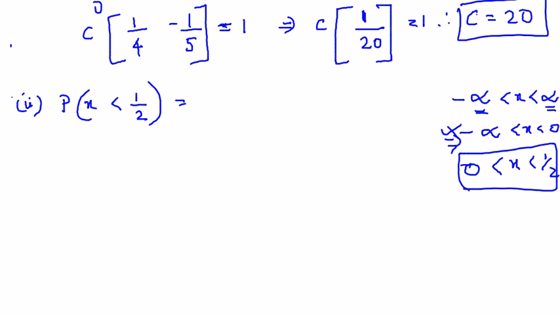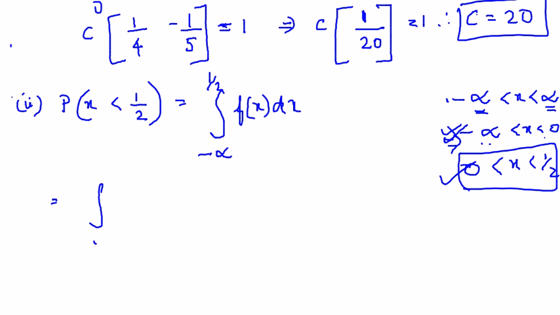So typically it should be minus infinity to half f of x dx, which is nothing but minus infinity to half is broken down as minus infinity to 0 and 0 to half. Since when I apply the limits minus infinity to 0, it's going to be 0 anyway, I'm going to apply only 0 to half.